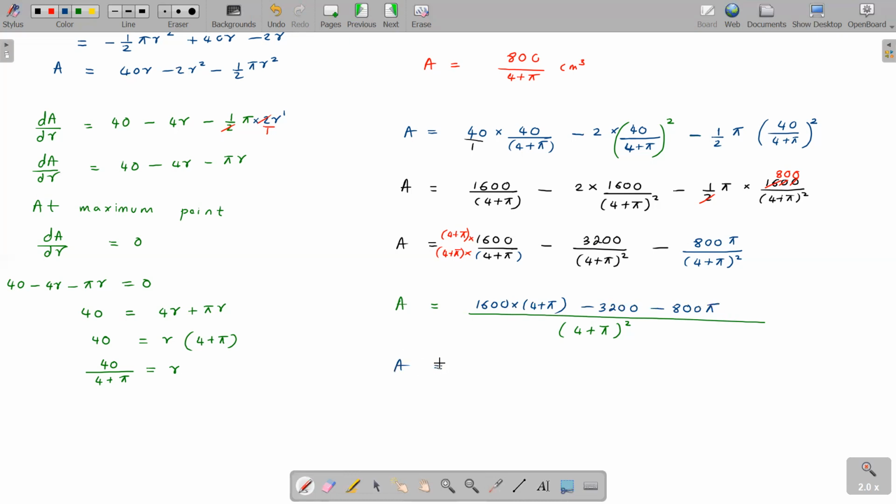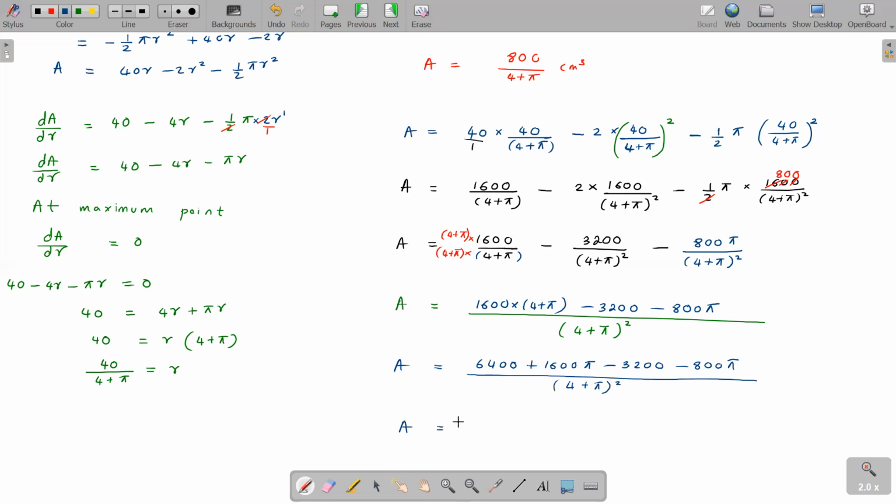Area equals 1600 times 4, which is 6400, plus 1600 pi, minus 3200 minus 800 pi, over 4 plus pi square.